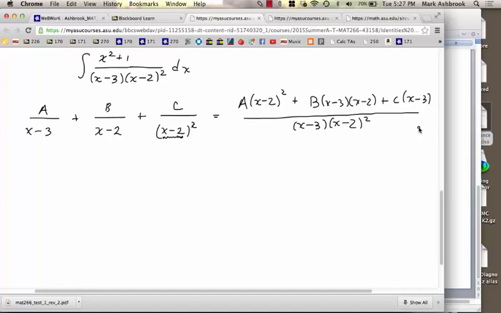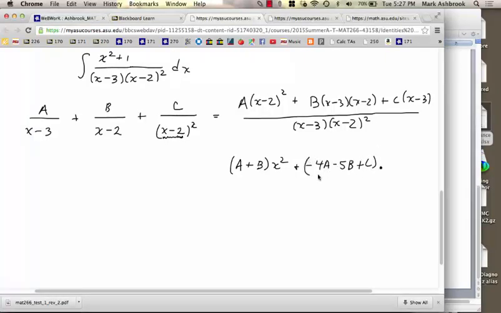So our x squareds, I think we have an a plus b, right? X squared, you're going to have an ax squared and a bx squared. So we're gathering our terms here. And then for x, we're going to have minus 4a minus 5b and plus c.